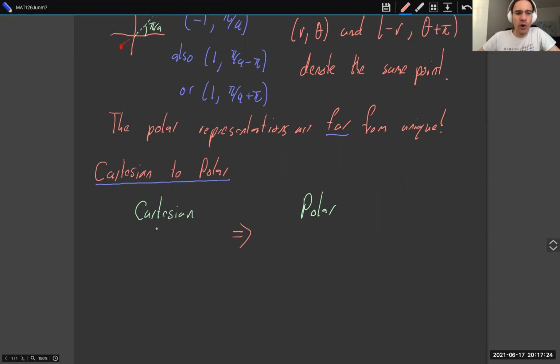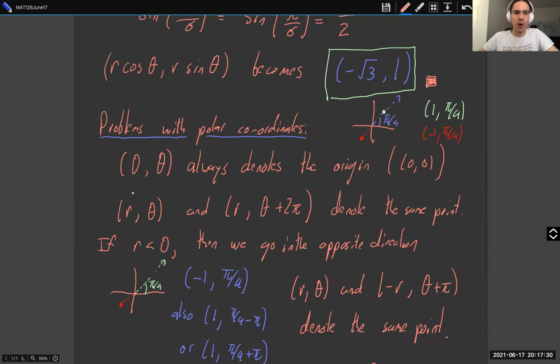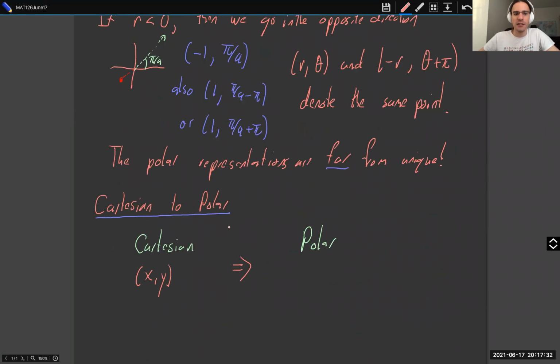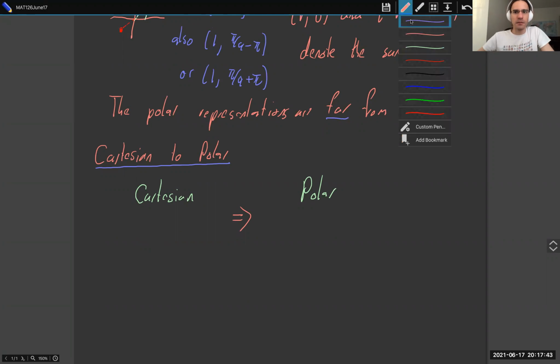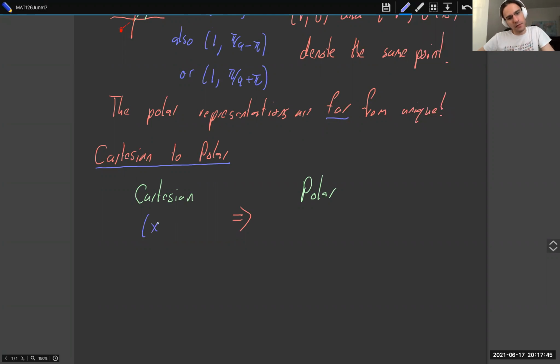Your Cartesian coordinates are typically written as (x, y), while your polar coordinates are typically written as (r, theta). That's one way to tell the difference if they're written using variables. And I wrote this in blue before. I should match my color scheme. And then the question is, how can I fill these out?